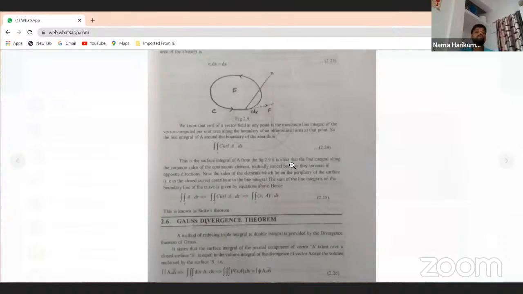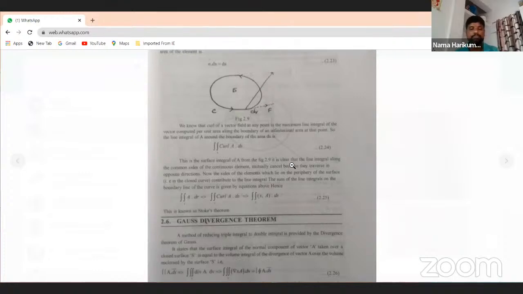In the first one, Stokes theorem, line is modified to surface, and there we put the curl value. In the same way, here we use the divergence value. So the statement of Gauss divergence theorem is: the surface integral equals the volume integral with divergence value.